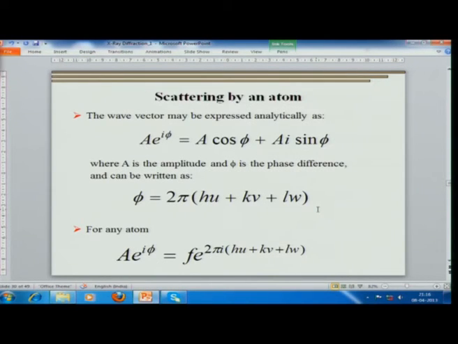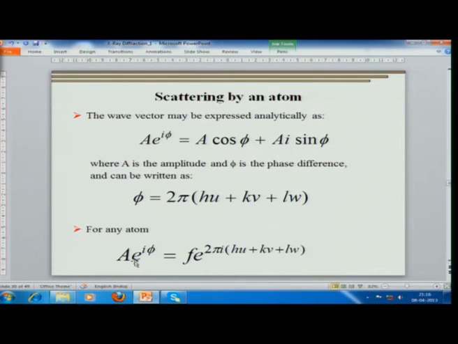However, we know that it can be expressed in terms of a wave vector, which may be expressed analytically as A e^(i phi), which is equal to A cos phi plus i A sin phi, where A is the amplitude and phi is the phase difference, defined as 2 pi into (hu plus kv plus lw).